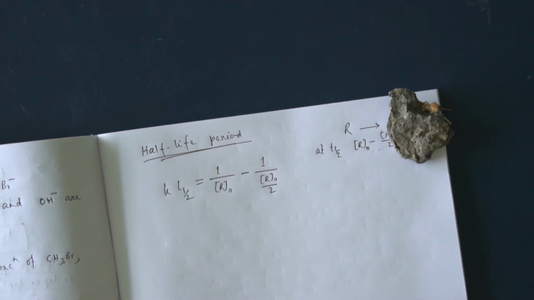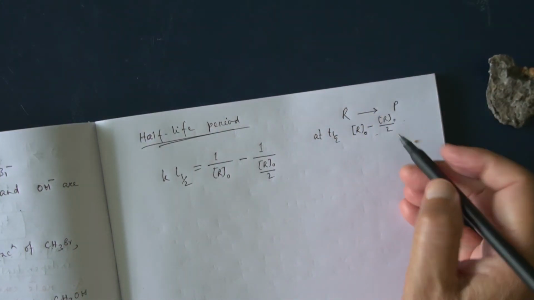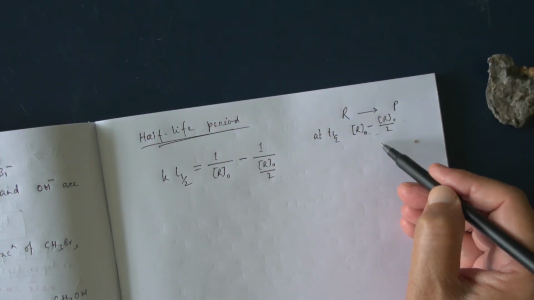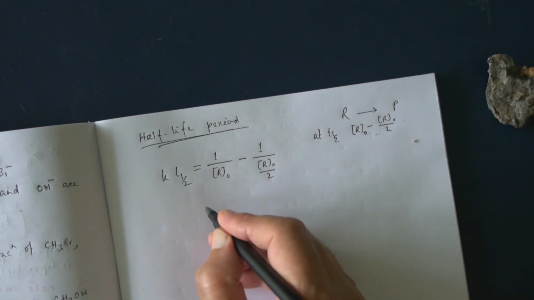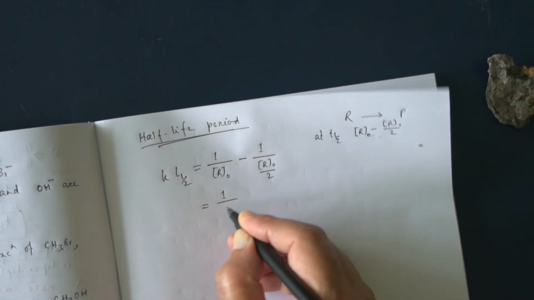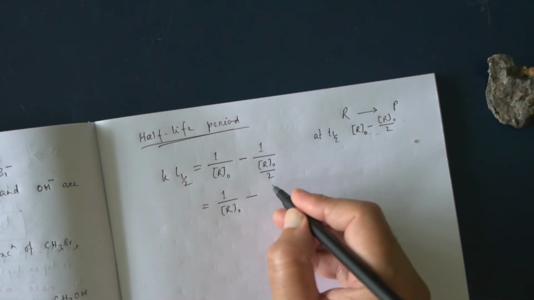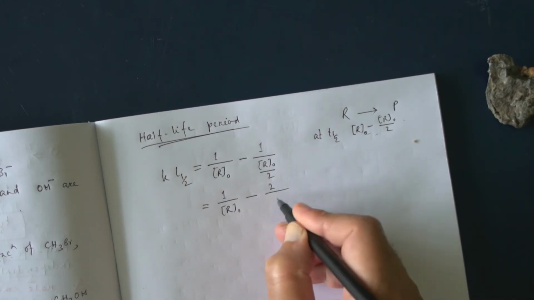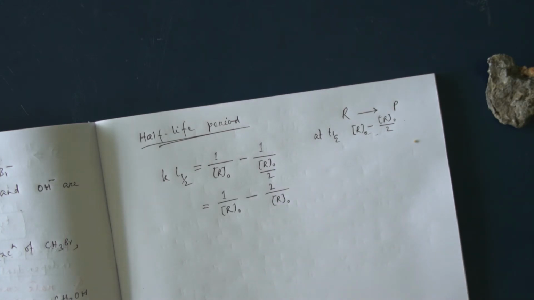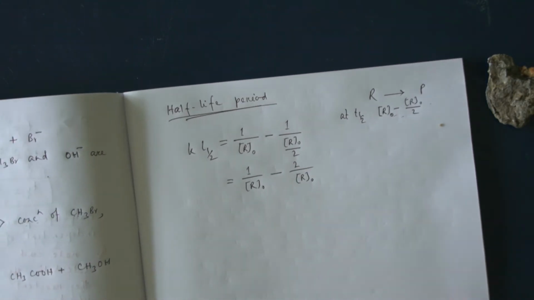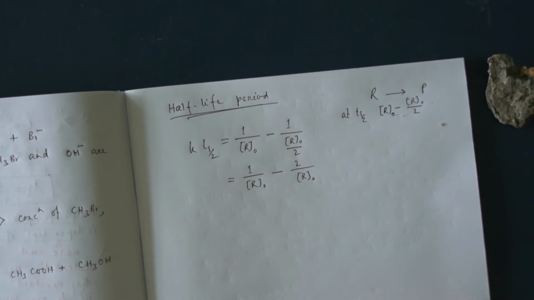So this is equal to 1 by R naught minus 2 by R naught.